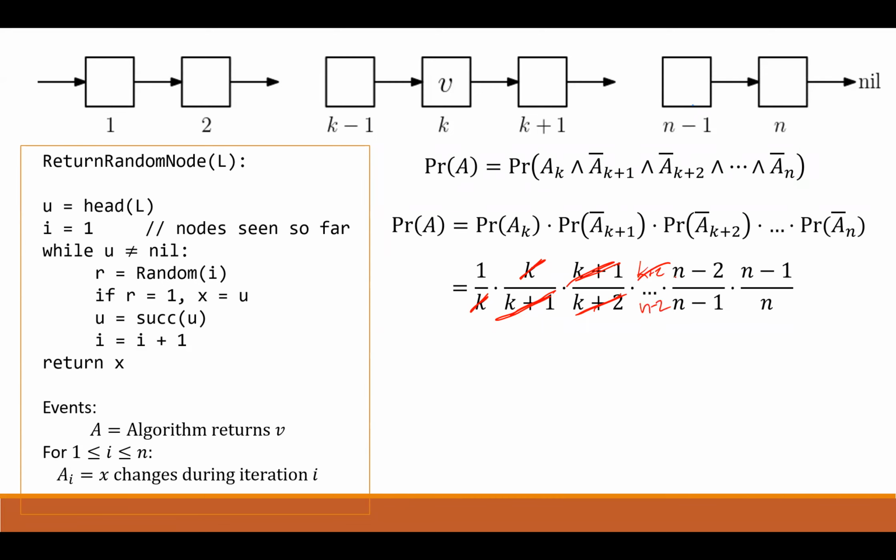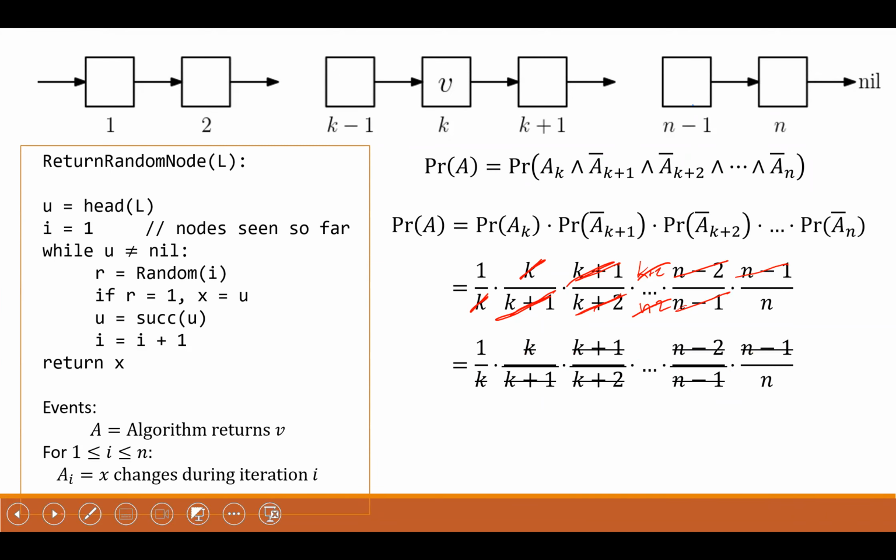There's an N minus 2 here that cancels out, and this N minus 1 cancels out, and I end up with 1 over N. Right, so all of the intermediate stuff just cancels out, and regardless of my value for N, the probability of returning that individual element is 1 over N.